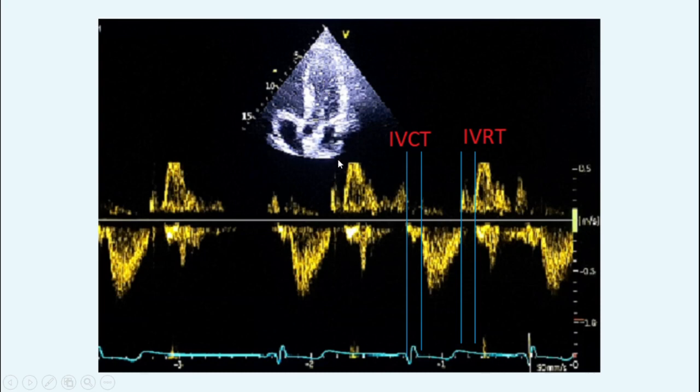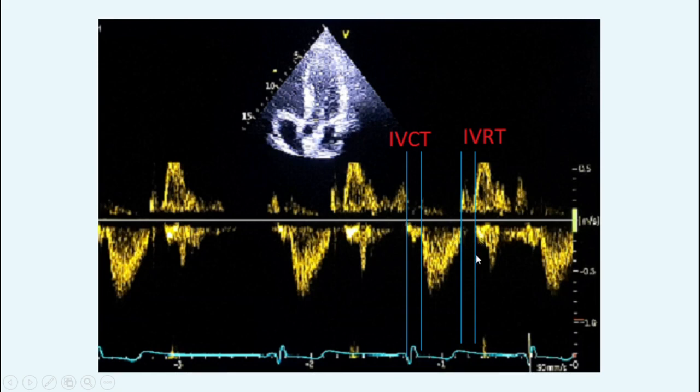So we will have both Dopplers: a negative shift for the LVOT and a positive shift for the mitral valve. Or we can use continuous wave, just put the cursor between these two, mitral valve and LVOT, so we can get both Dopplers. And IVCT will be after the end of A and before the start of LVOT. So this time will give us IVCT.